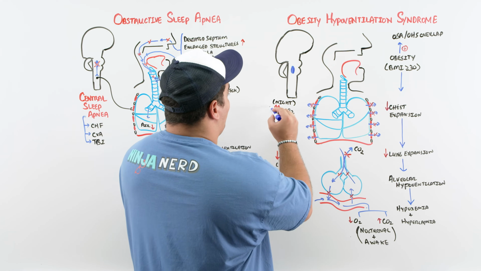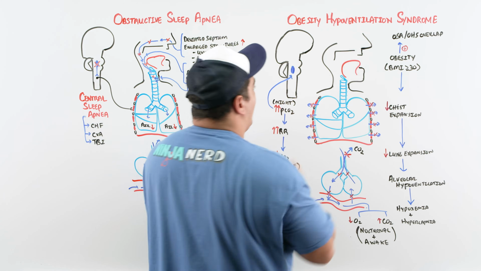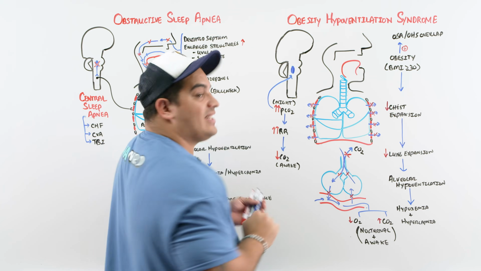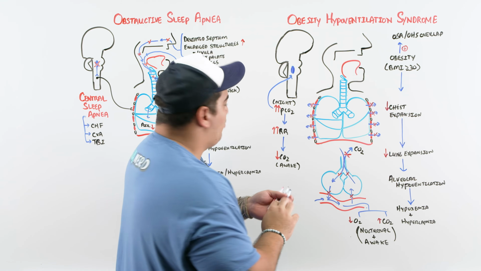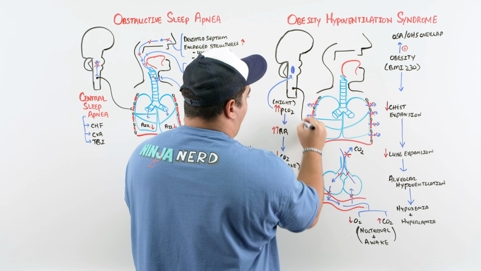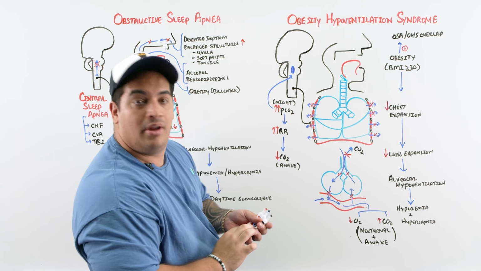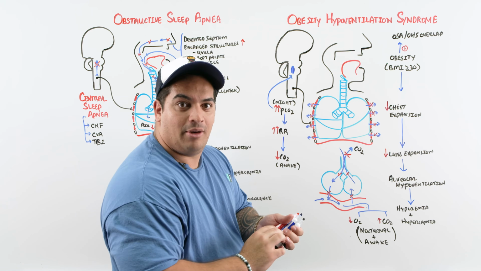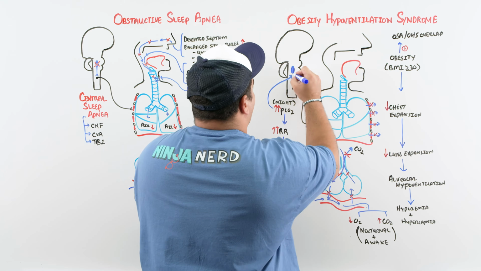And then this will go here and keep trying to stimulate this actual respiratory center. That the respiratory center gets so dang annoyed, it's like, I ain't doing this no more. You're not gonna keep stimulating me all the time. So it decides to suppress itself a little bit. And it becomes less sensitive.